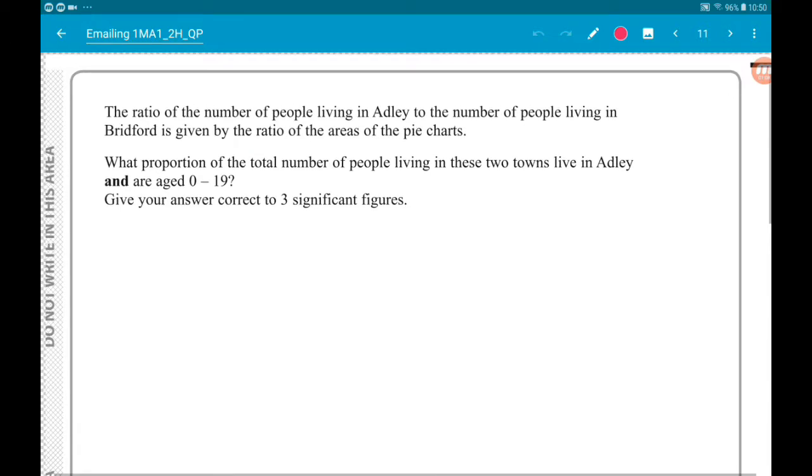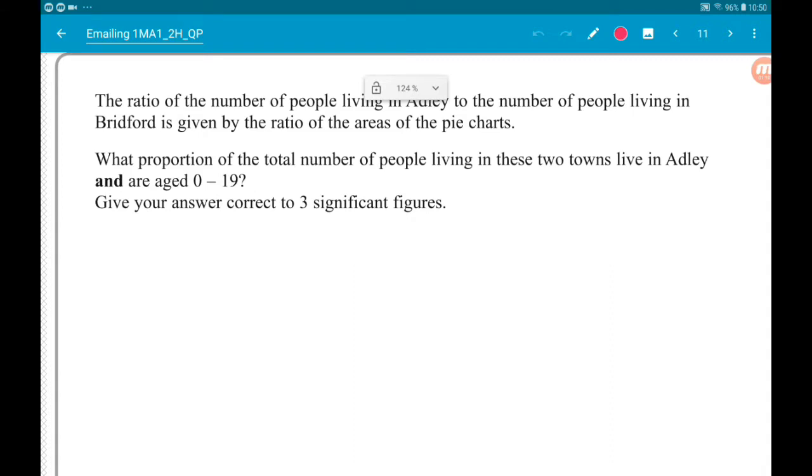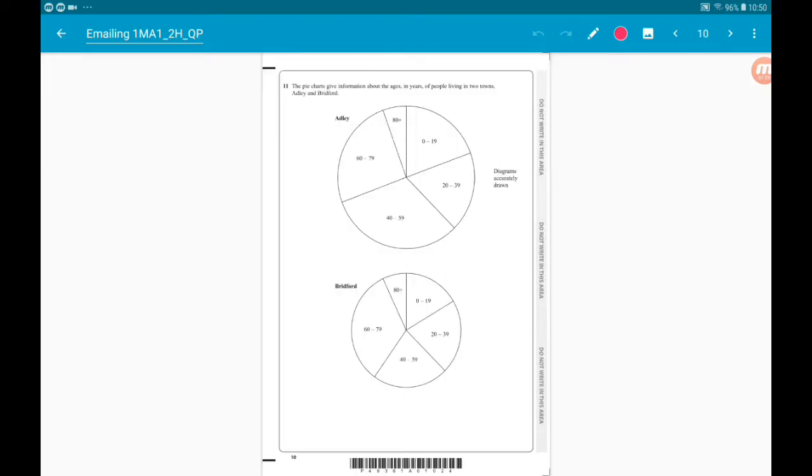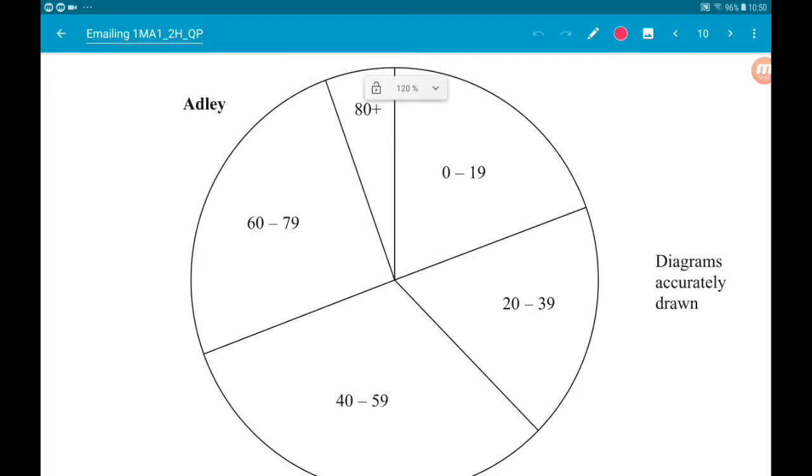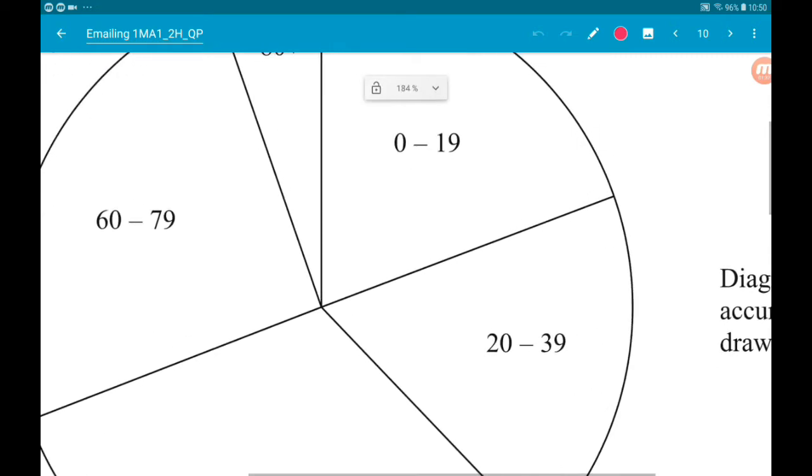So let's start with our ratio, Adley to Bridgeford. What we're going to need to do is find the area of each pie chart. So area of a circle is pi r squared. Now, if you had this printed off properly to scale, you would find the radius of this circle is 5 centimeters.